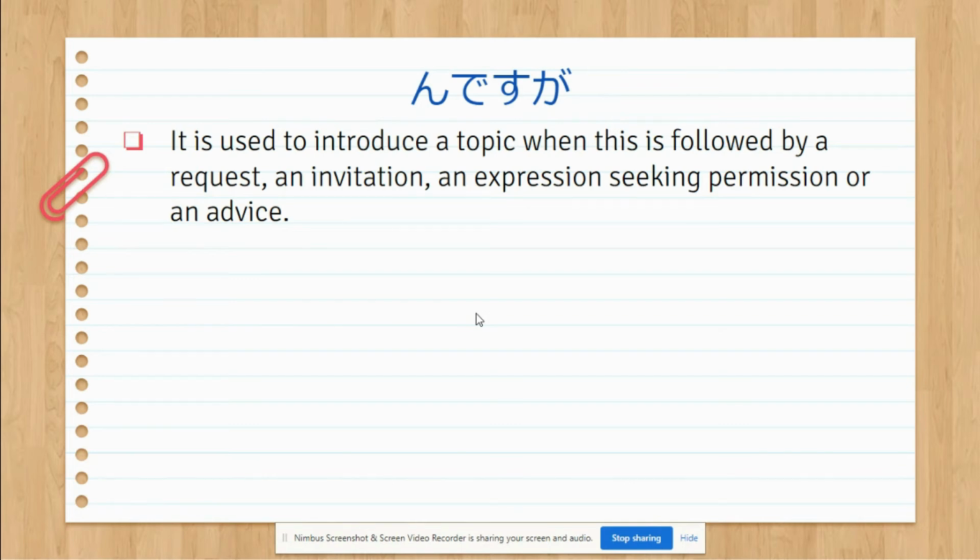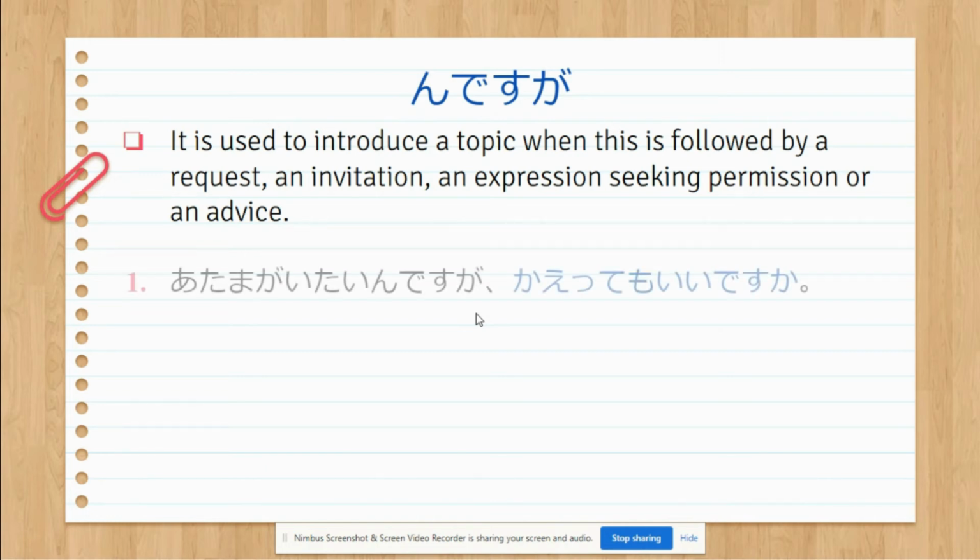So, en desu ga is used to make an introduction for a request, an invitation, an expression seeking permission, or an advice. For example, atama ga itain desu ga, kaite mo ii desu ka?